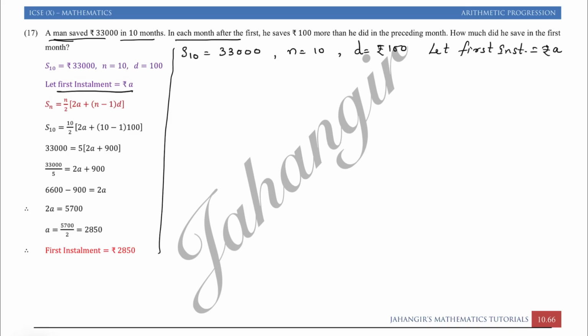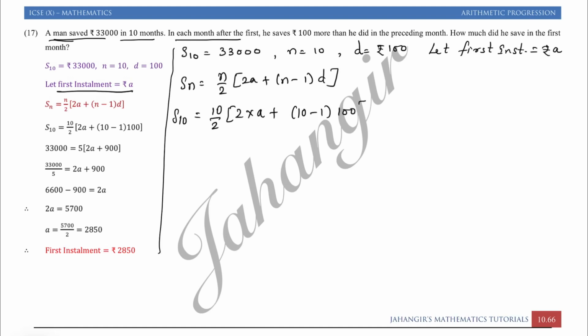Just write it down. The Sn formula is n by 2 into (2a plus (n minus 1) into d). So we can say S10 is equal to 10 by 2 into (2 into a, we don't know a, plus (10 minus 1) into 100).